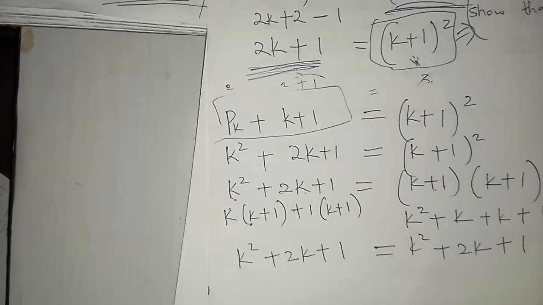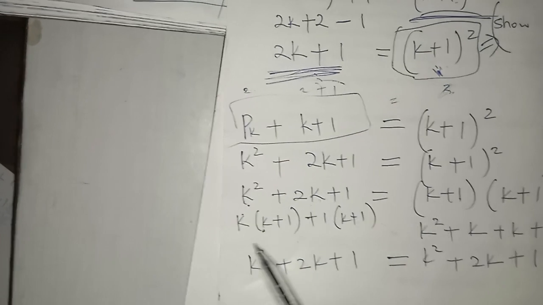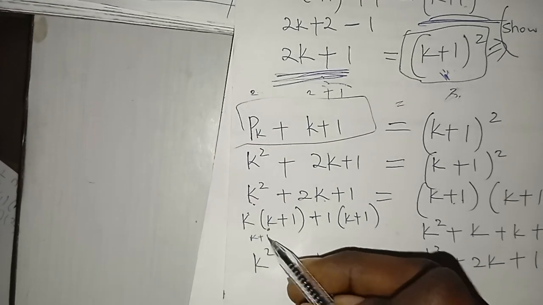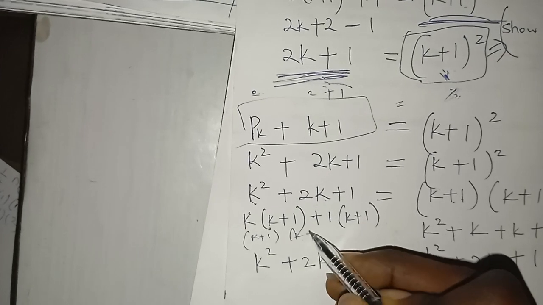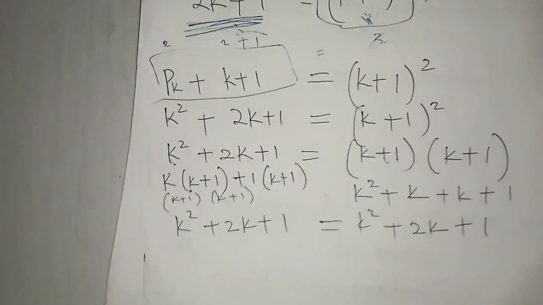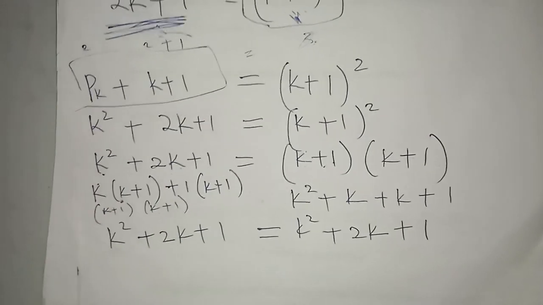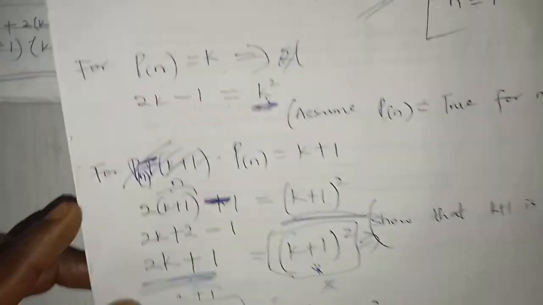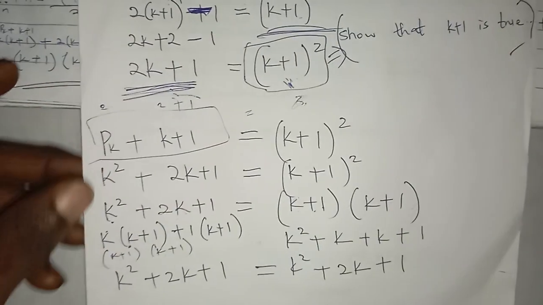So if you do this very well, you see that you still have the same thing as k plus 1, k plus 1. So whichever way you want to use, you see that it's the same thing. Very much the same thing. Alright, so let's analyze what we've done. Now let's move to the next question.